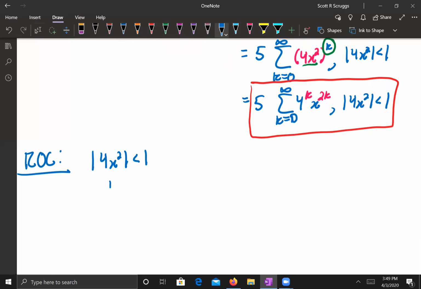I'm now going to use the property that says 2 numbers being multiplied in the absolute value is the same as taking the absolute value of each number and then taking their product. And because 4 is already a positive number, the absolute value is redundant. Now I'm going to divide both sides by 4 to give me absolute value of x squared less than 1/4.